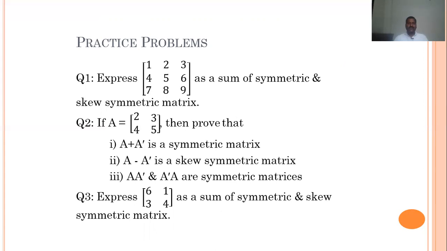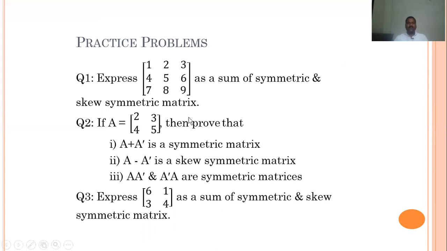Then it can be easily shown that half into A plus A transpose is a symmetric matrix, and half into A minus A transpose is a skew symmetric matrix. So any square matrix can be expressed as a sum of a symmetric and a skew symmetric matrix.